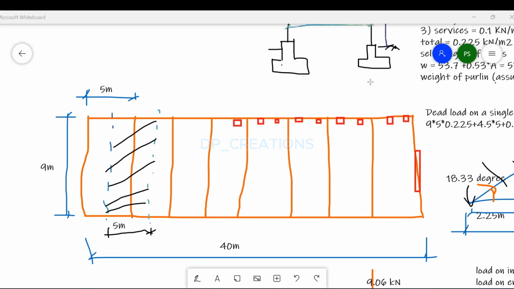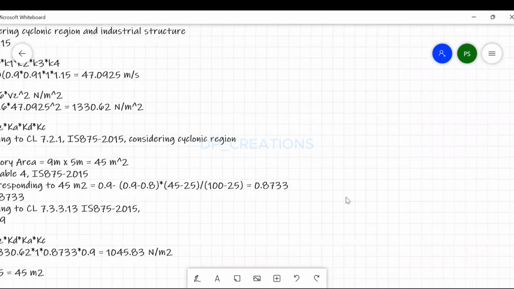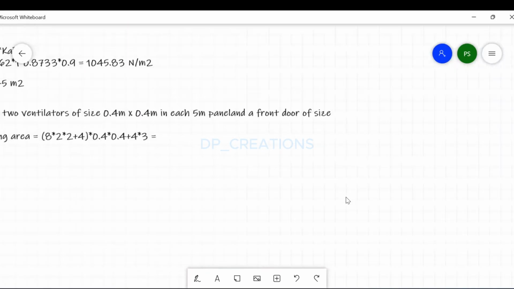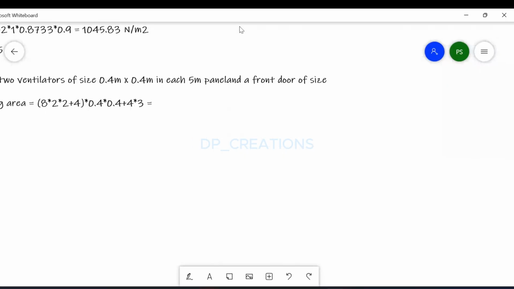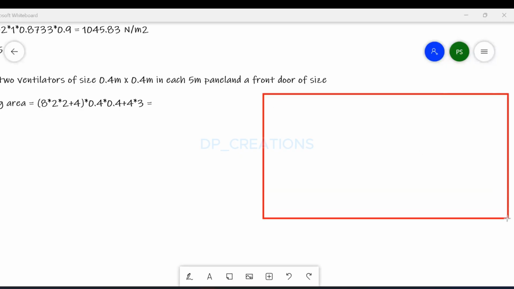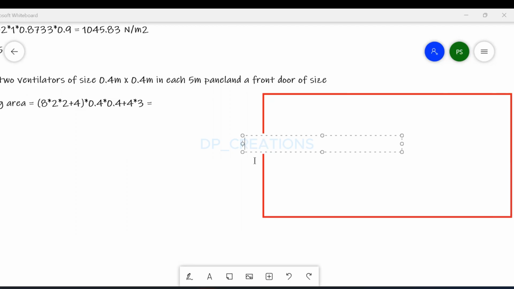That means there will be a door there. Let's say this is your wall. This is your wall. This height is your 6 meter. Okay. And this is your 40 meter.